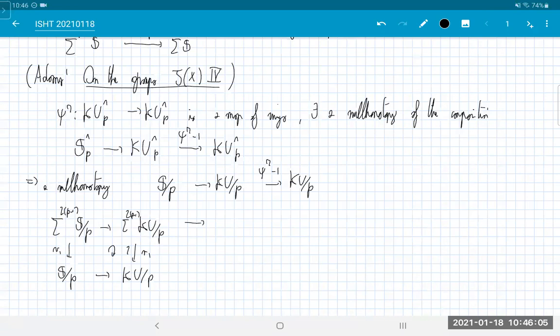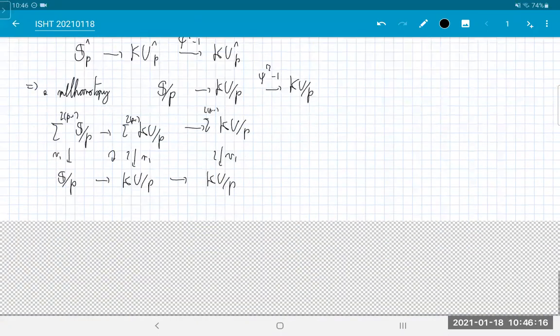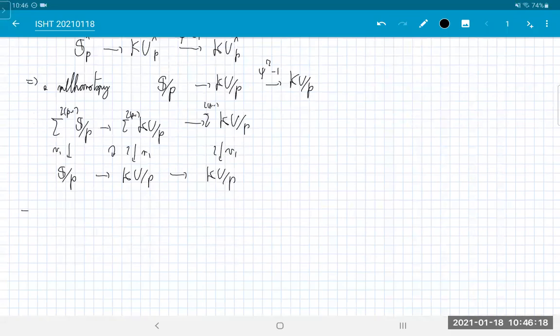And also this fits, of course, this other piece of the sequence. So long story short, if we define S mod p with v1 inverted as the colimit of this thing, so I think I need to put a minus here.